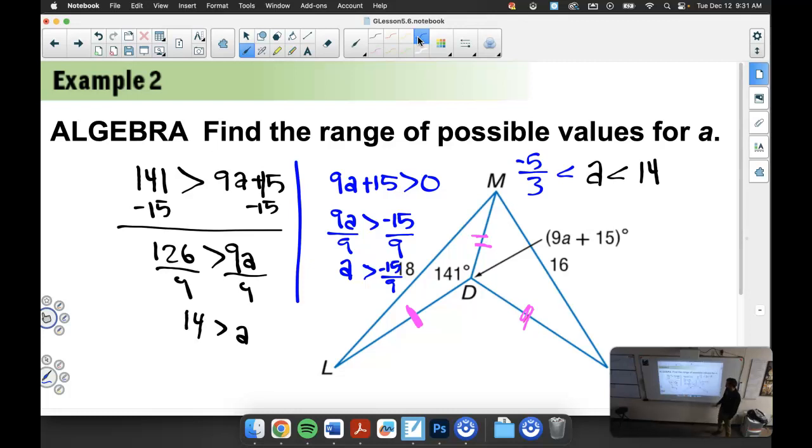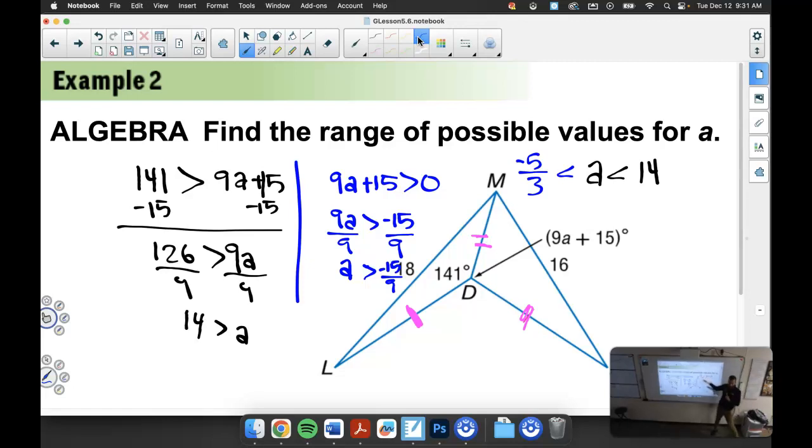Okay. So the upper limit will be set by here. What's the biggest an angle can be in a triangle? 180.